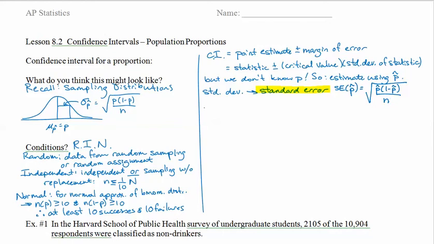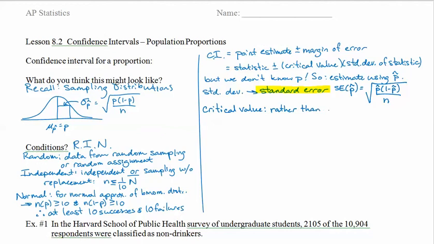Now, the next thing we need to look at is what is our critical value. Last day, we looked at the 68, 95, 99.7 rule.